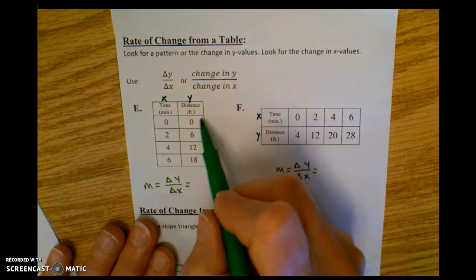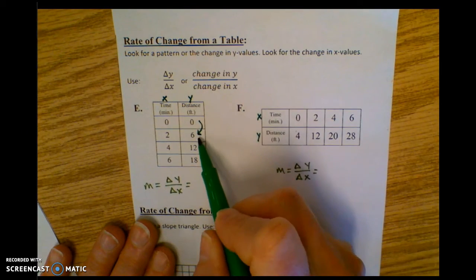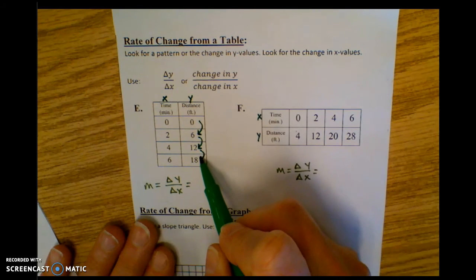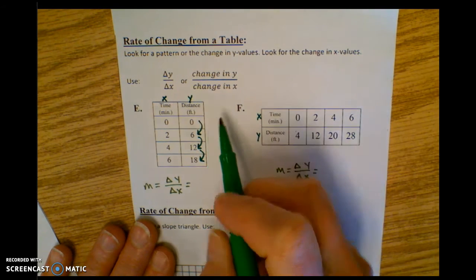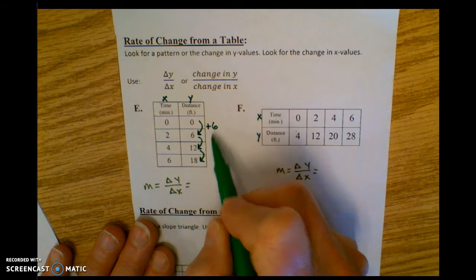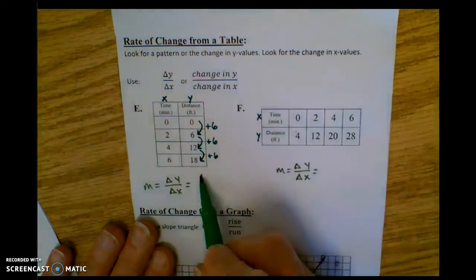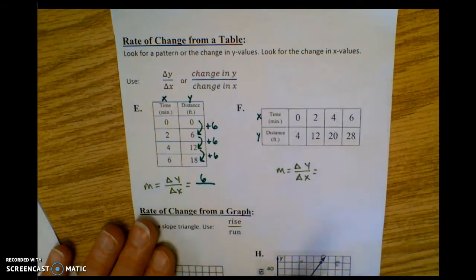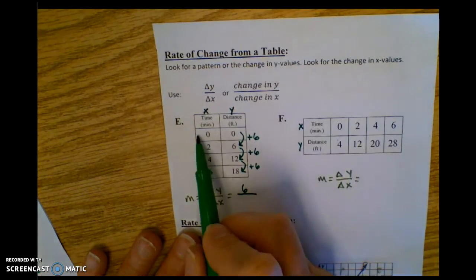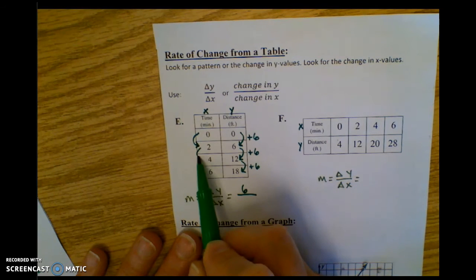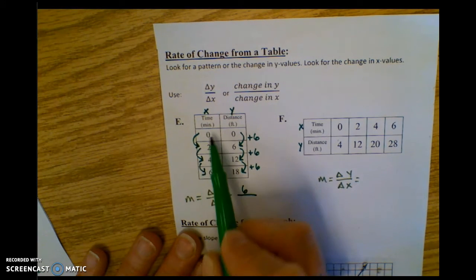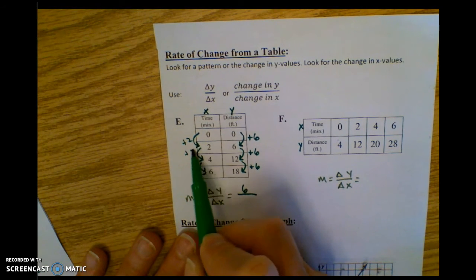Basically you're looking to see, do we have a constant change between our y values? This looks like it increased by 6, then by 6 again, and by 6 again. So we are confident that the change in my y values is 6. Then we look over here at our x's, and it looks like it went up by 2 each time.